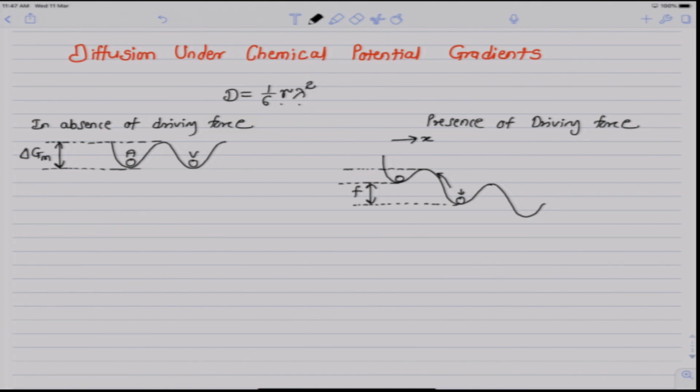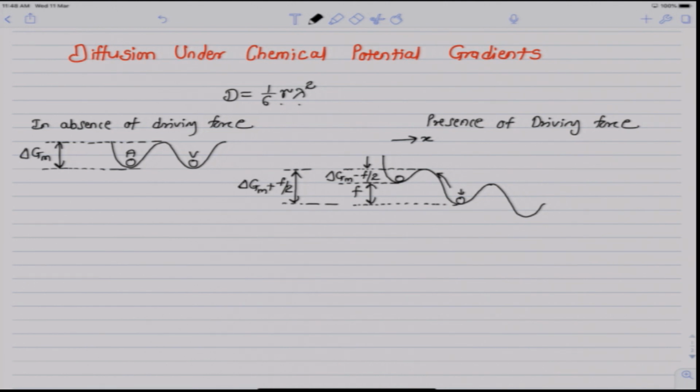Because of the symmetric condition, we can show that the activation barrier for the forward jump can be written as delta Gm minus f by 2, and the activation barrier for the reverse jump would be delta Gm plus f by 2.